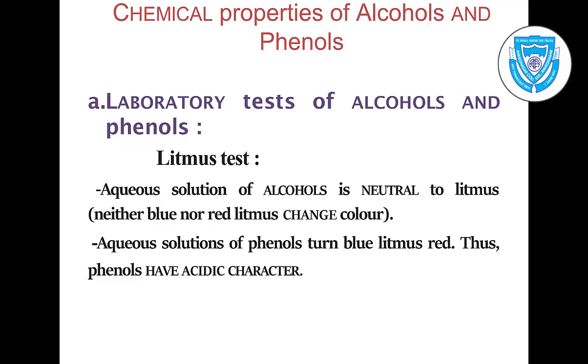We all know that when it is an acidic solution, blue litmus would turn red. Alcohols are neutral towards litmus, so there is no change in the litmus paper. Whereas phenols turn blue litmus red. That means that phenols have some acidic character.